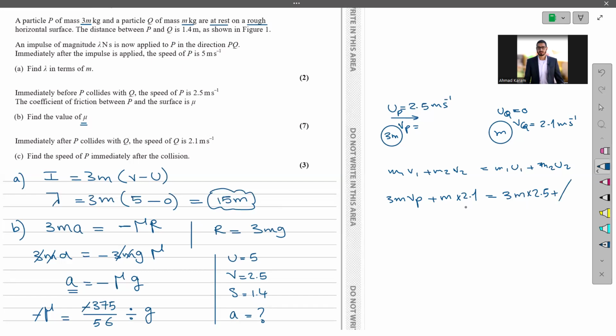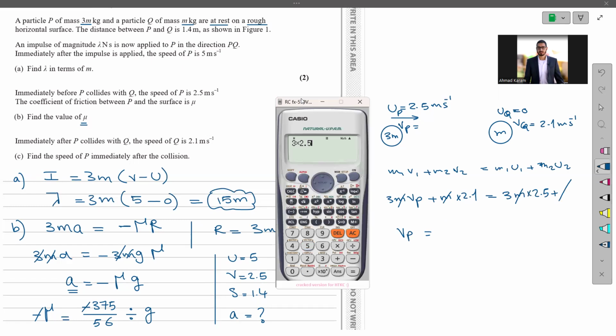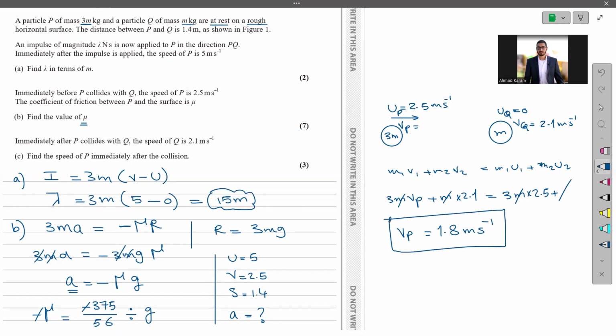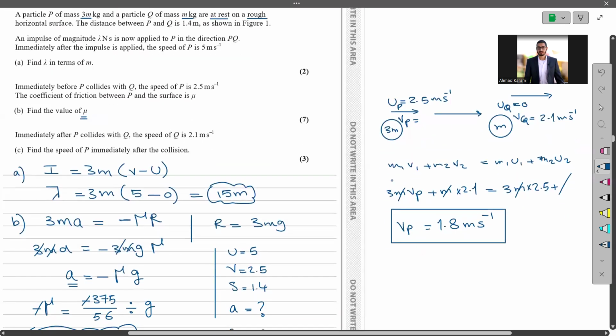To get v_P, we first cancel m, then take 3 multiplied by 2.5 minus 2.1, then divide by 3, so it equals 1.8. It will be positive because after hitting Q, which was at rest, it will keep moving in this direction.